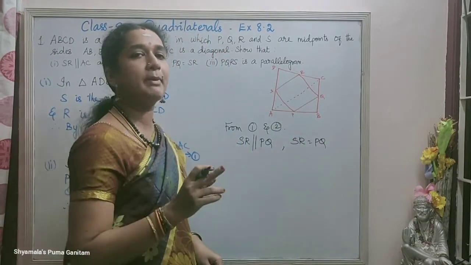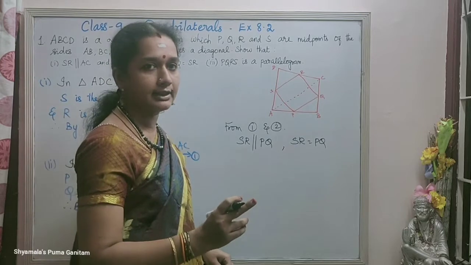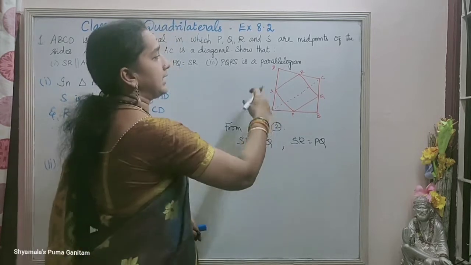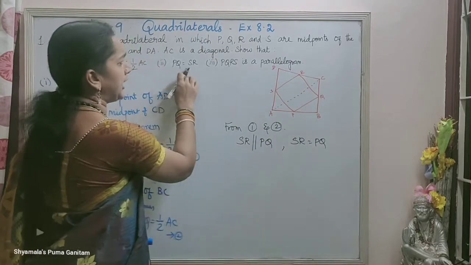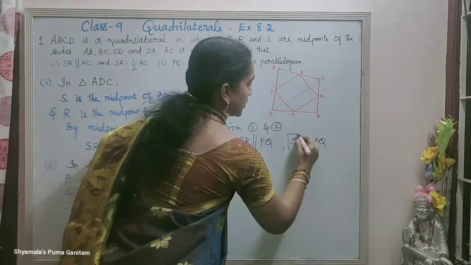If one pair of opposite sides are parallel and equal, we can say that it is a parallelogram. So the second proof is PQ is equal to SR. This we have proved.